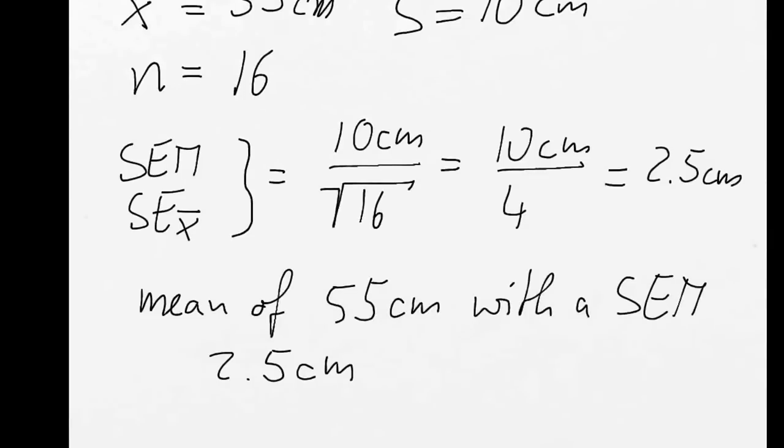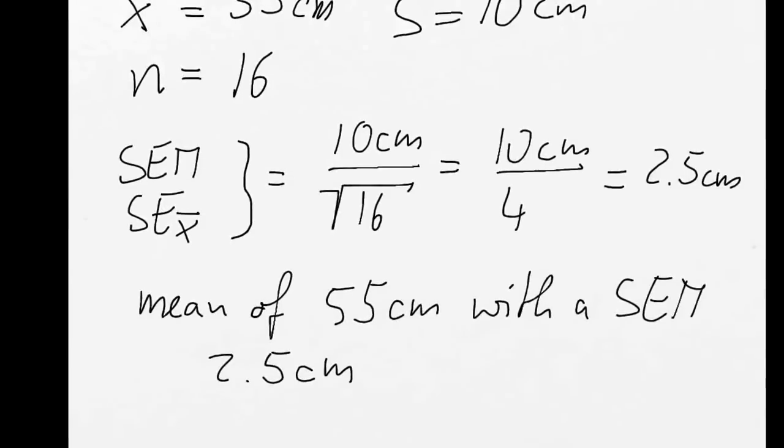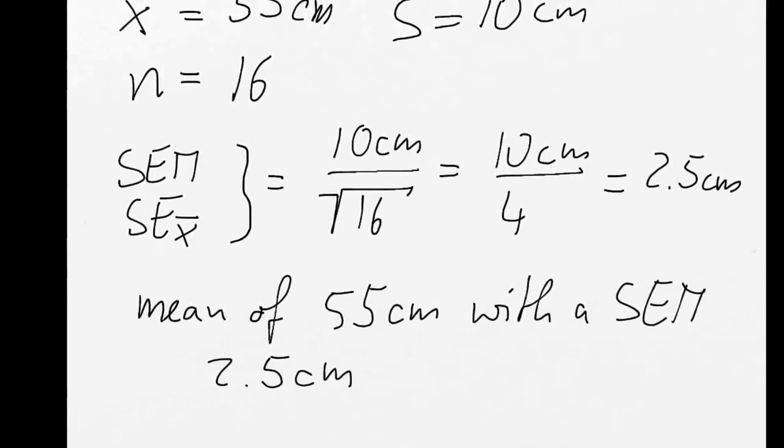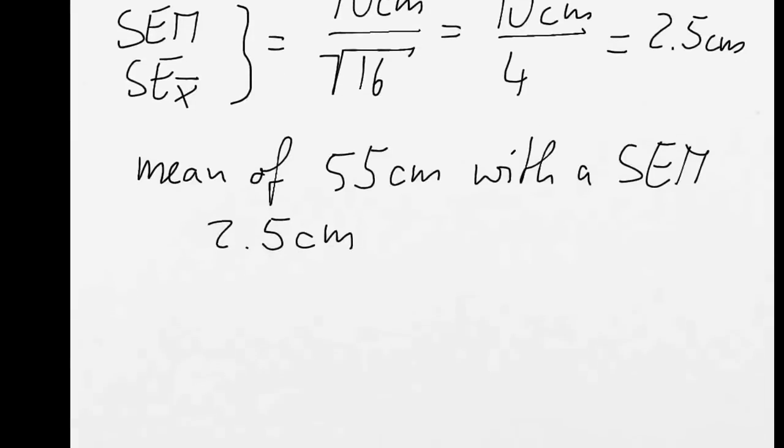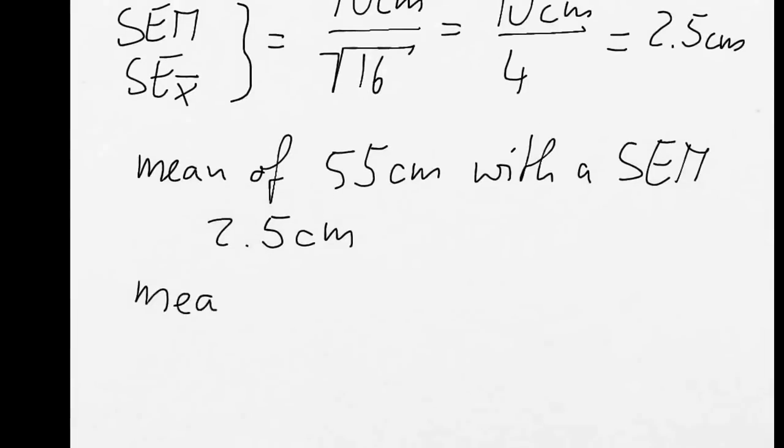And this is just another way of indicating that there is a certain variability within the data that we find. So it's another measure of dispersion.